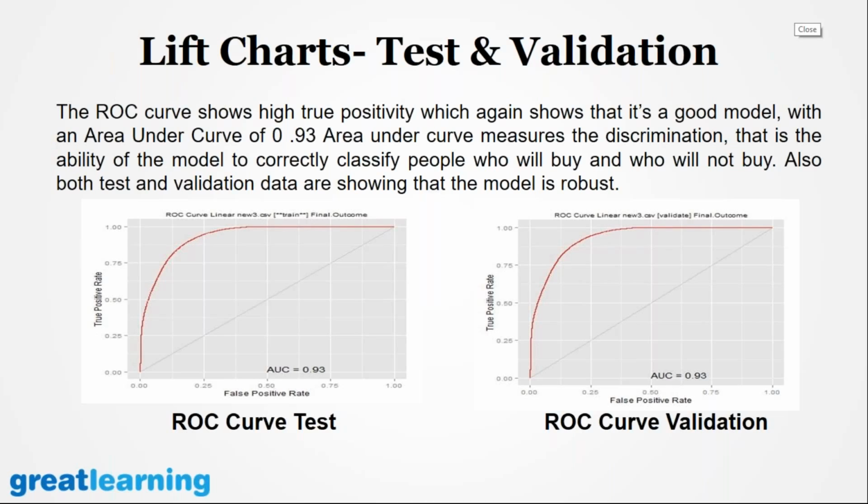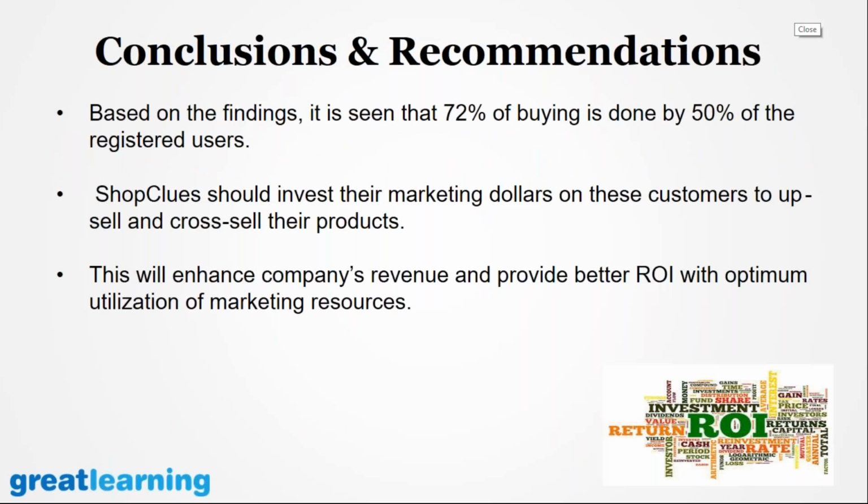So 0.93 true positivity means we are actually identifying the people correctly. 93% of the population is identified correctly, that the people who are going to buy are actually buying. That's what this chart tells us, and it also tells us that this is again a good model, right?